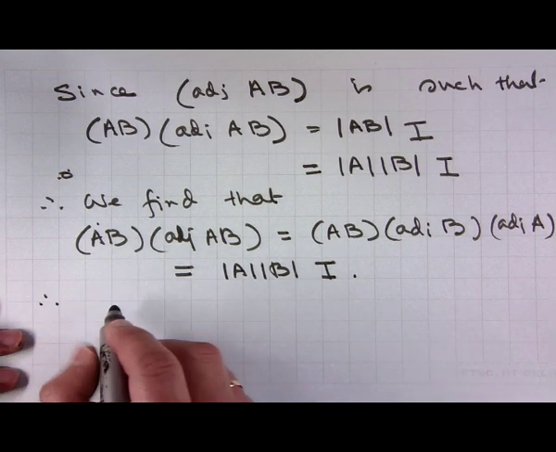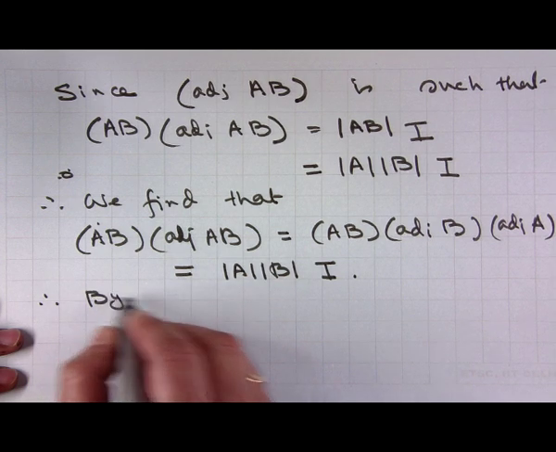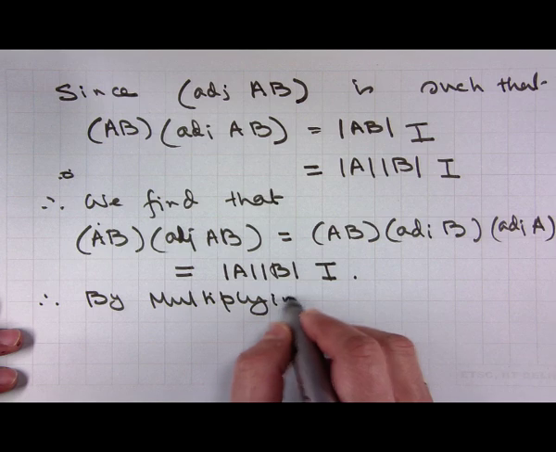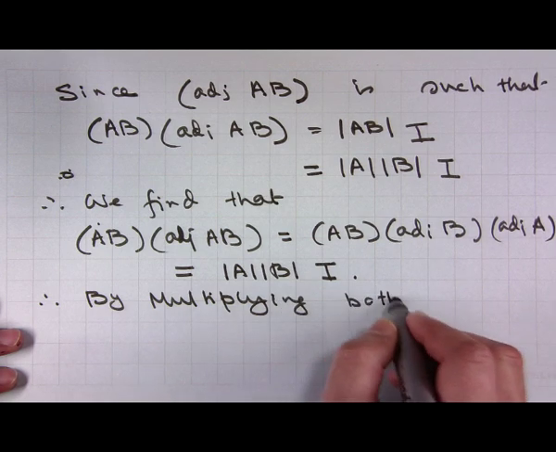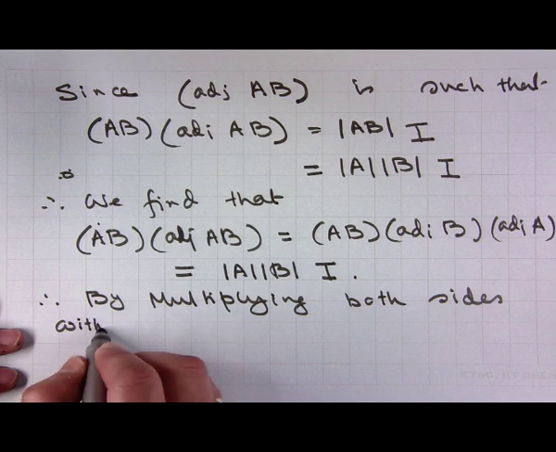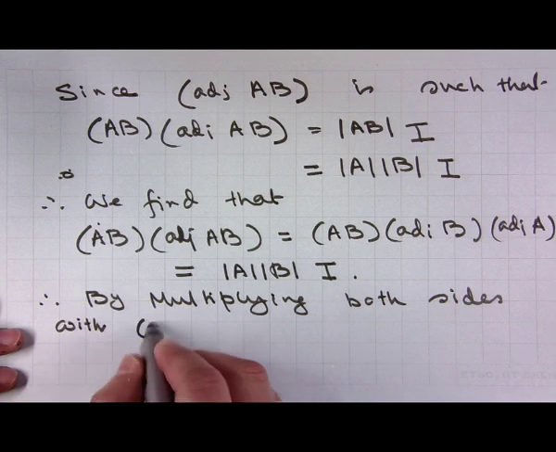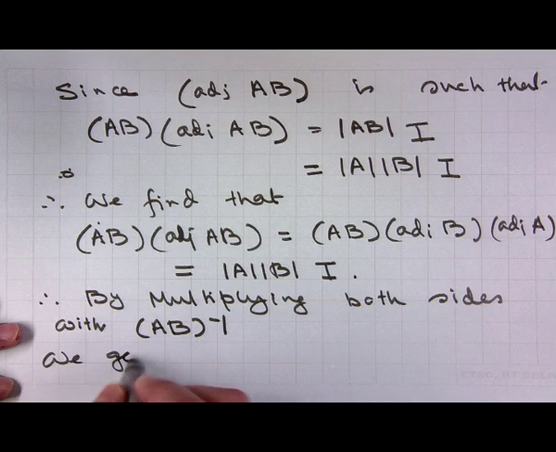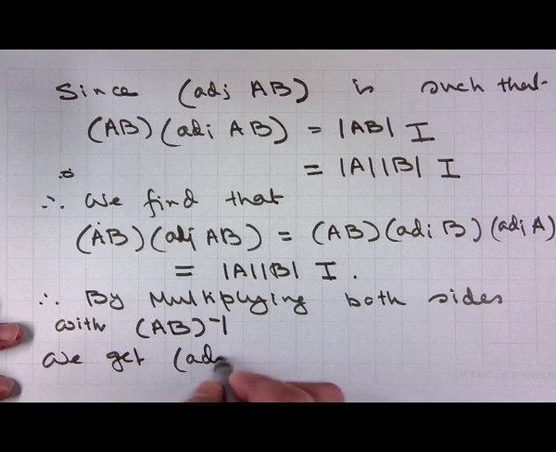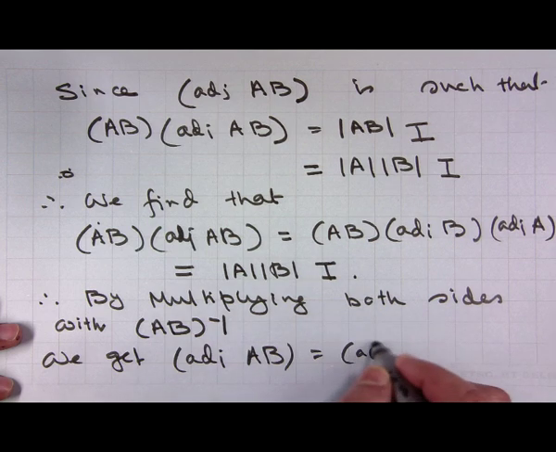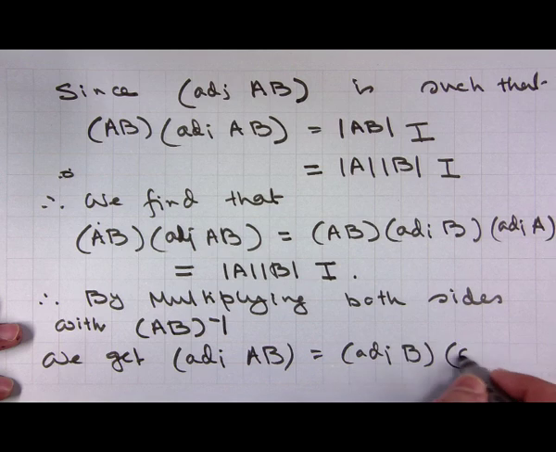Therefore, by multiplying both sides with AB inverse, we get adjoint of AB is equal to adjoint of B into adjoint of A.